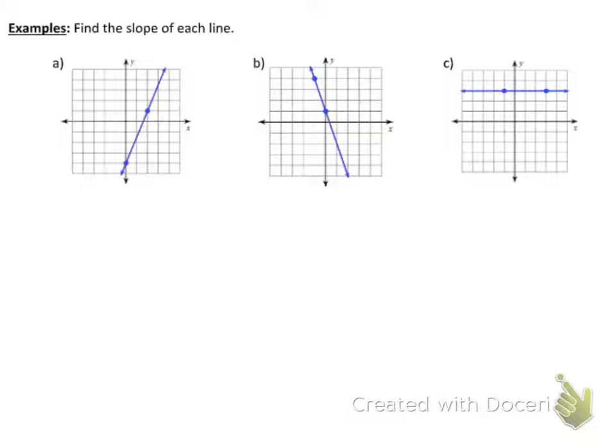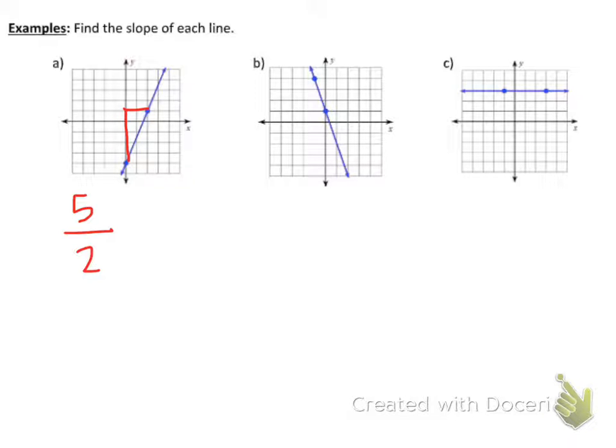So going through here, you're finding the slope of each line. I'm fine with you just simply counting your rise over run. So here, my rise over my run: I'm going up 1, 2, 3, 4, 5 blocks over 2. Remember, it's always up and down first, left or right second.